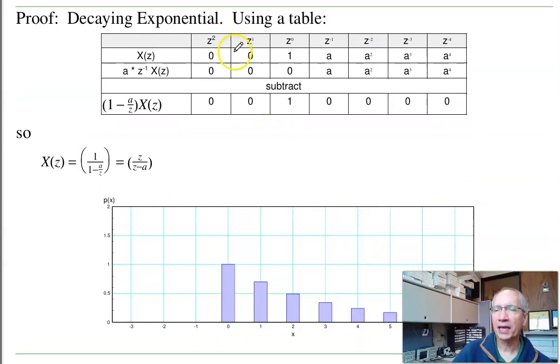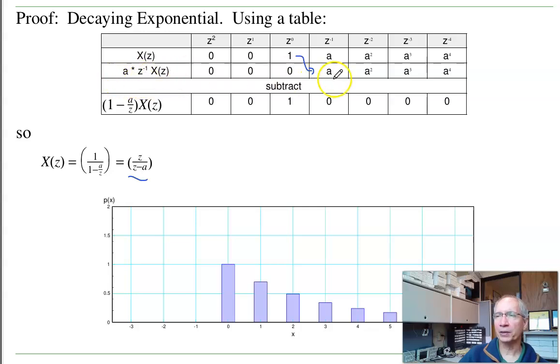If I have a decaying exponential, starts at 1, goes to a, a squared, a cubed, and so on. That has a z transform of z over z minus a. To see that, let's start with a decaying exponential. This is 1 at k equals 0, a, a squared, a cubed, a to the fourth, and so on. Let's take this function and delay it by 1. And when I delay it, I'm going to delay it and multiply by a. So here's a divided by z.